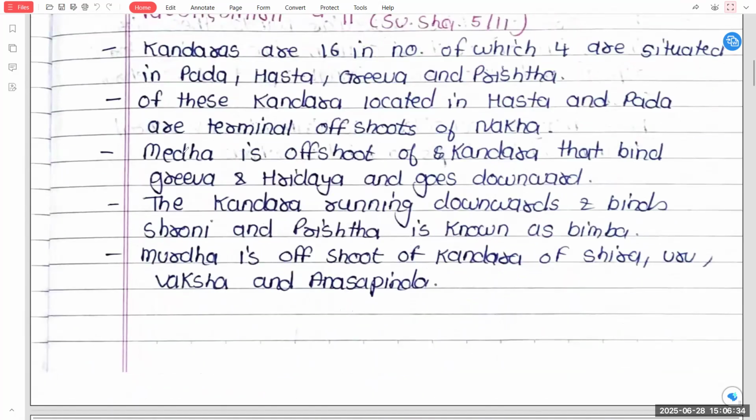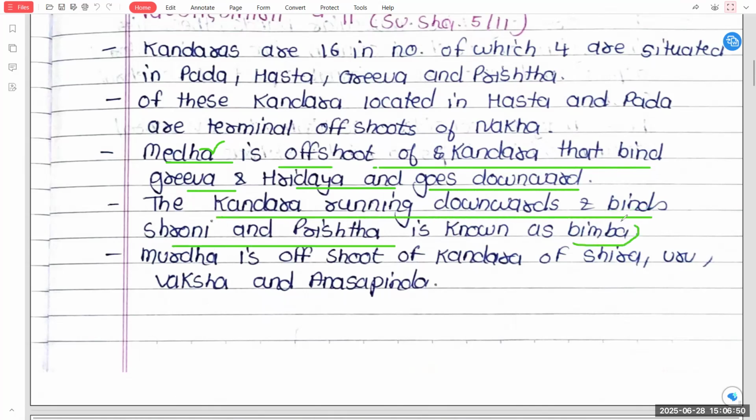Similarly, Medra is the offshoot of the Kandra that binds the Griva and Hriday and goes downward. The Kandra running downwards and binding Shroni and Prishta is known as Bimba. Murdha is the offshoot of Kandra of Shira, Uru, Vaksha and Anshapinda.